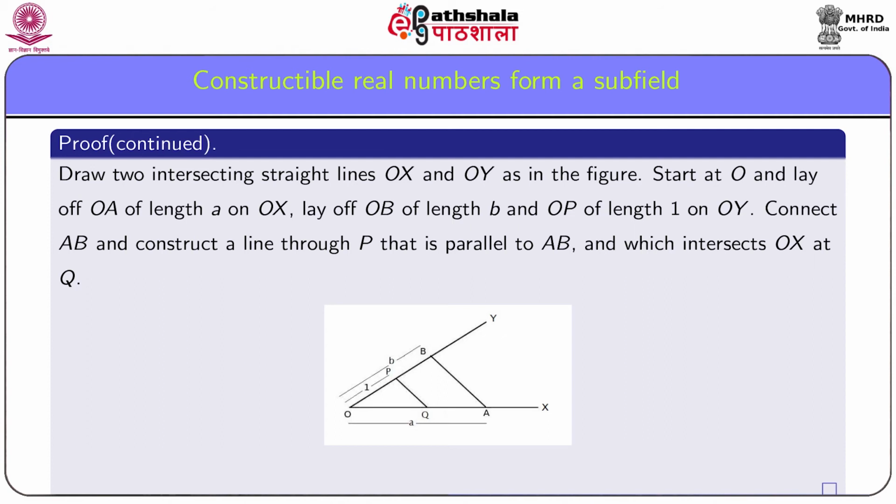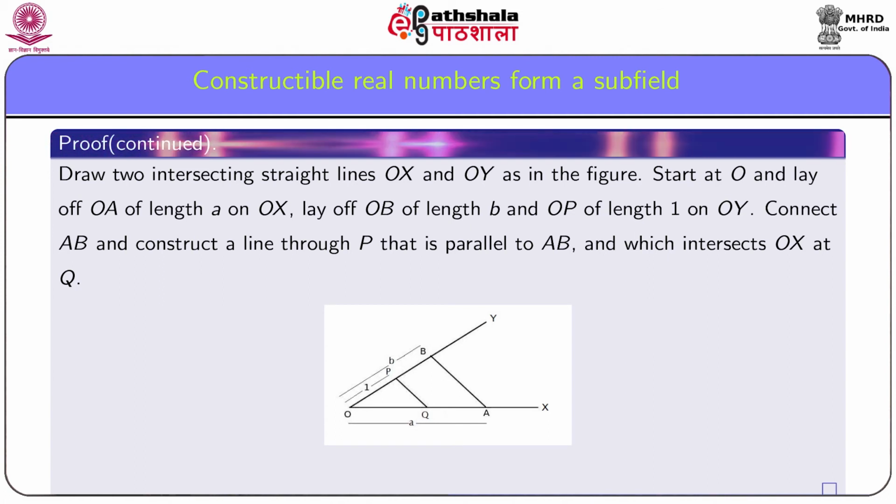Connect AB and construct a line through P that is parallel to AB. As I have shown you earlier, using only straightedge and compass, it is possible to construct a line PQ which is parallel to a given line AB and passes through a given point P which is not on the line AB.